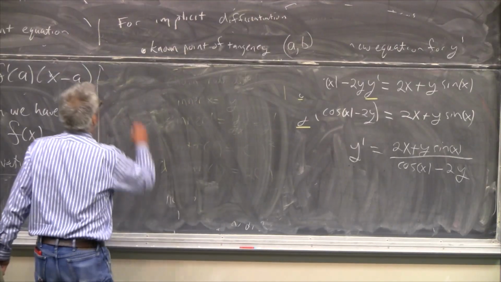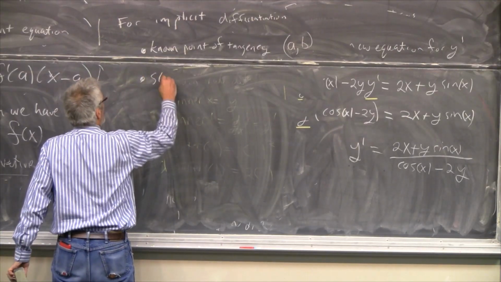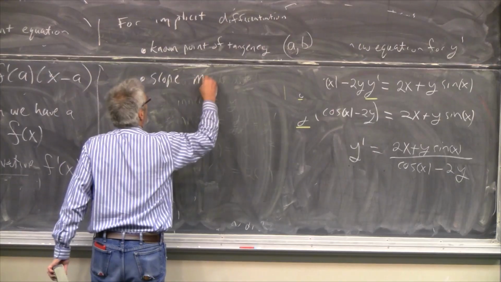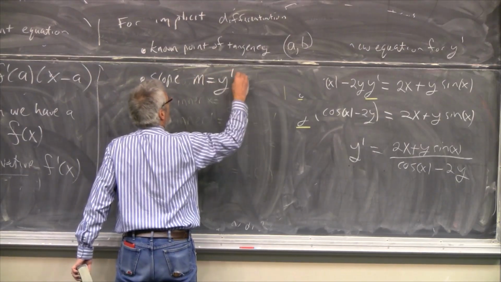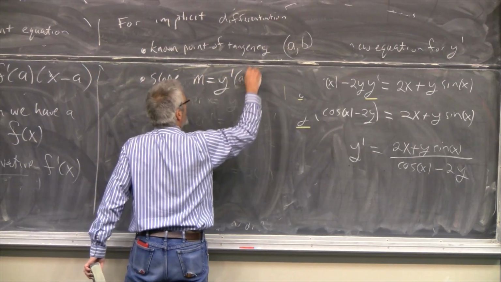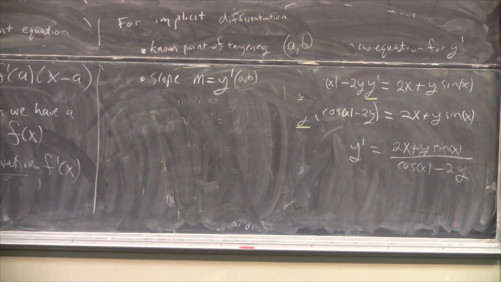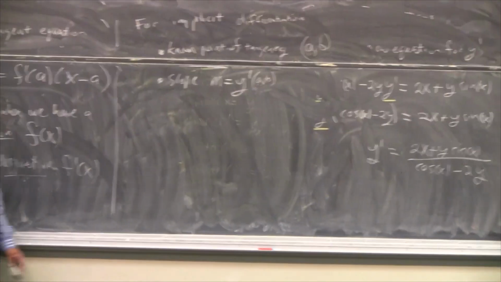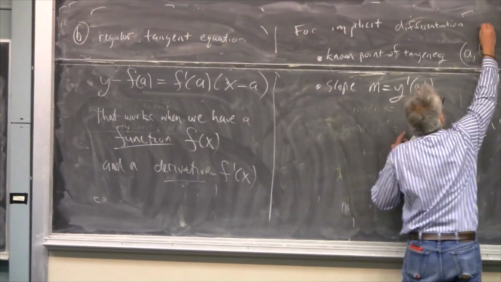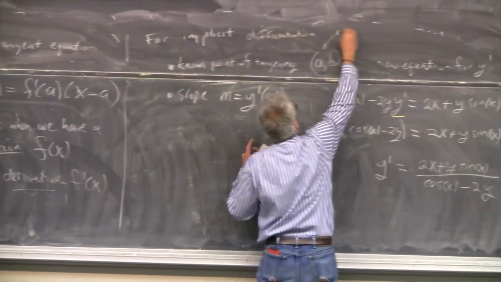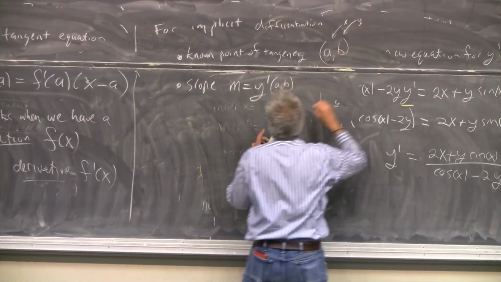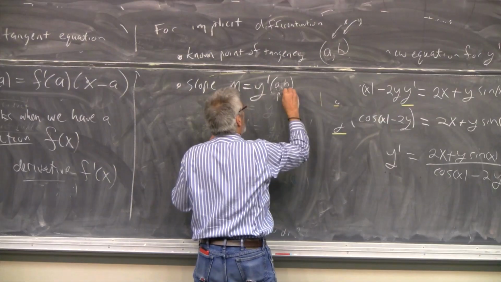And then we have a slope. M is y prime of A, B. So y prime is something that depends on x and y. There's an x and there's a y, and you're going to use those to get your y prime.